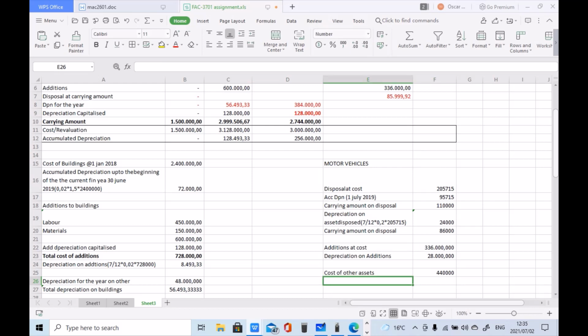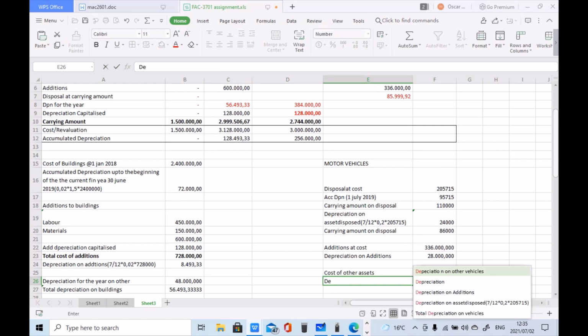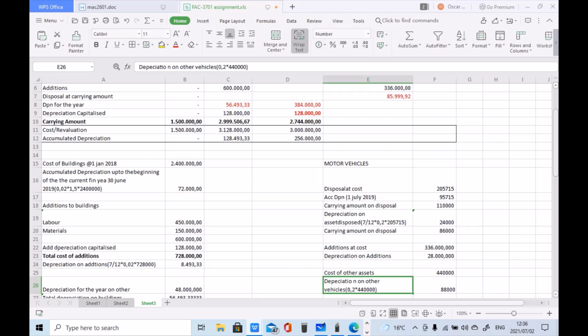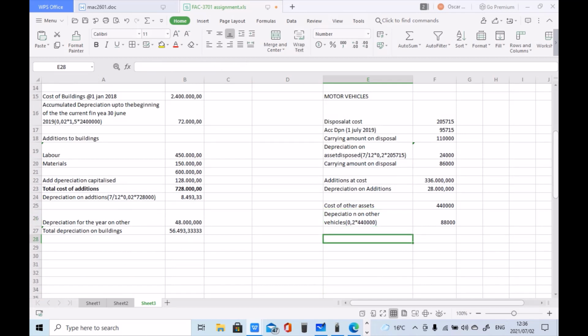So that's the cost there. But we had these assets for the entire year, so for depreciation on them, you're going to say 0.2 times their cost, because depreciation is at cost. So that's the depreciation on other assets.